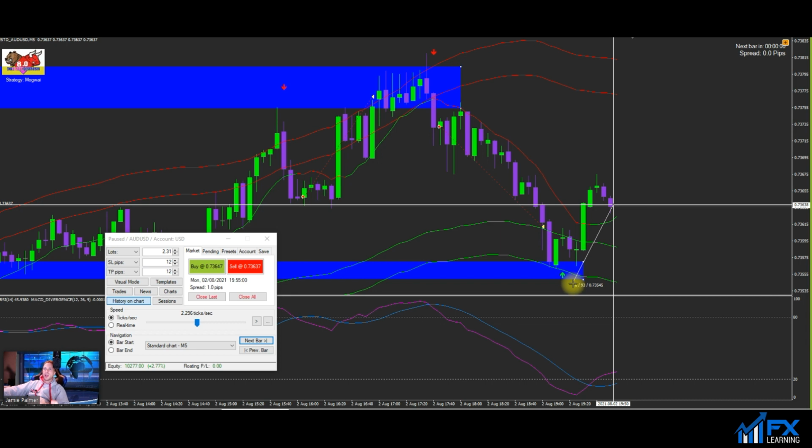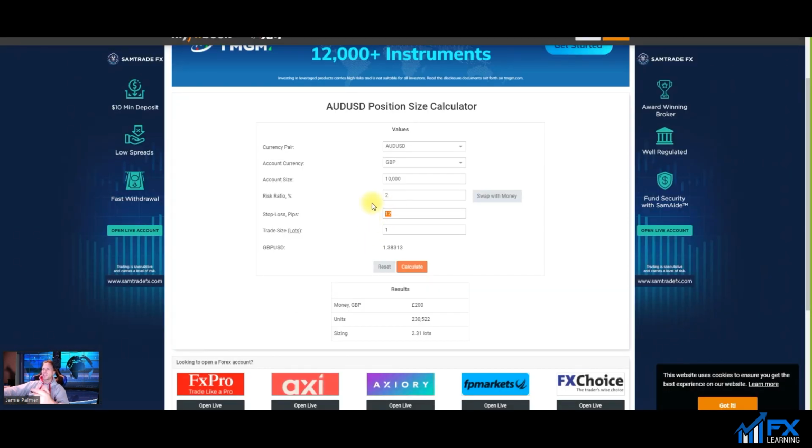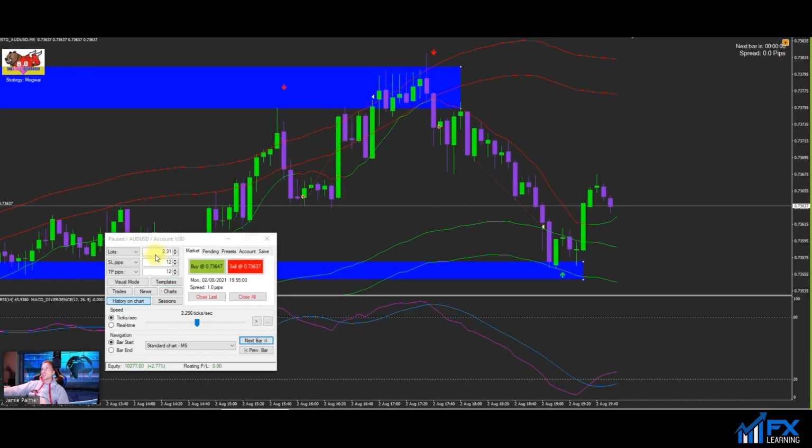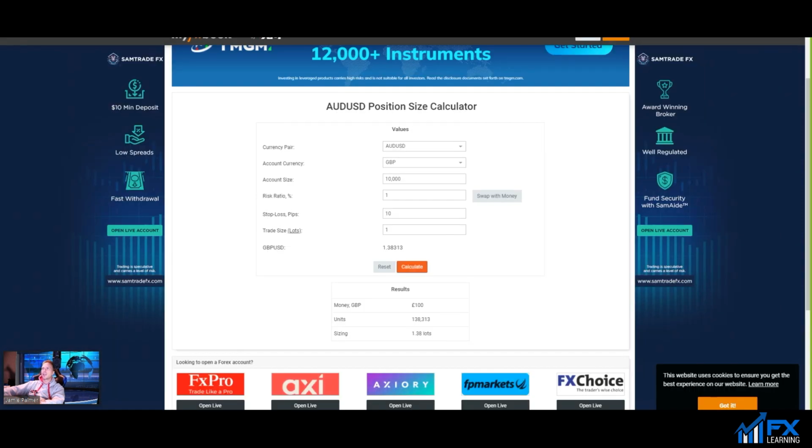I'm going to go with a 9 pip stop loss on this one. Let's go with 10 pips, 1% risk. And now look what I'm doing. I'm reducing my lot size back to 1%. So we're going with a 1.38 lot size. What was my stop loss again? 10 pips.